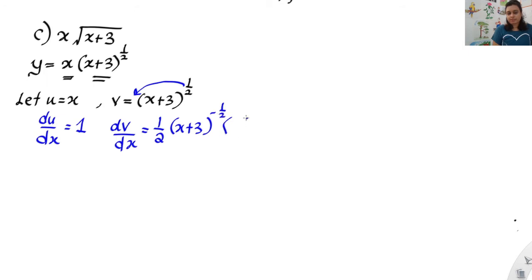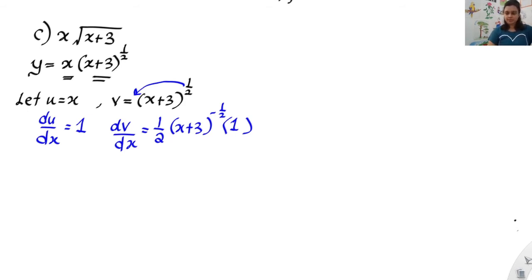Then you differentiate inside the bracket. Inside the bracket we have x plus 3, so you differentiate and get 1 only, because we differentiate the x only. The constant 3, whatever constant you differentiate, will always become 0.